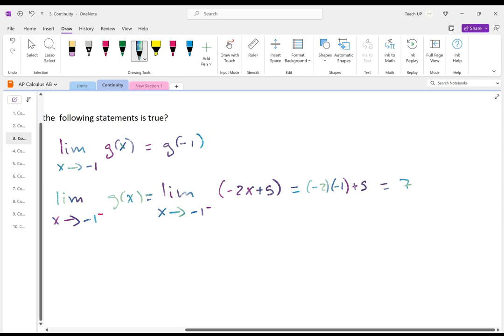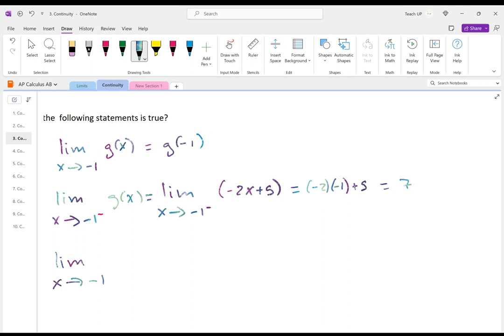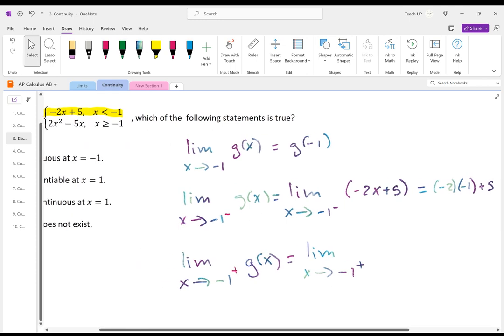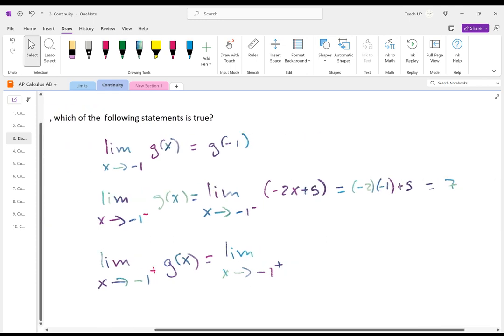Now, similarly, we have to check the limit as x approaches negative 1 from the right-hand side of the function and see what we get. This is going to equal the limit as x approaches negative 1 from the right-hand side of 2x squared minus 5x, as we're coming from the right-hand side.